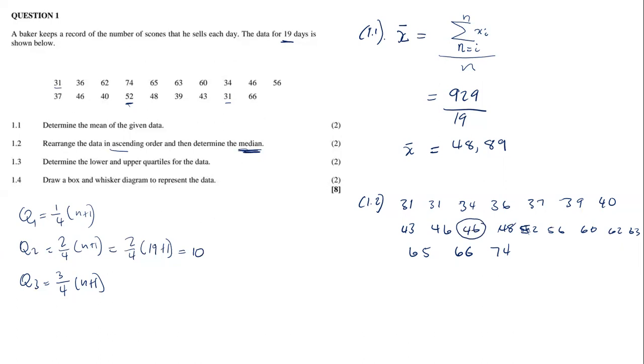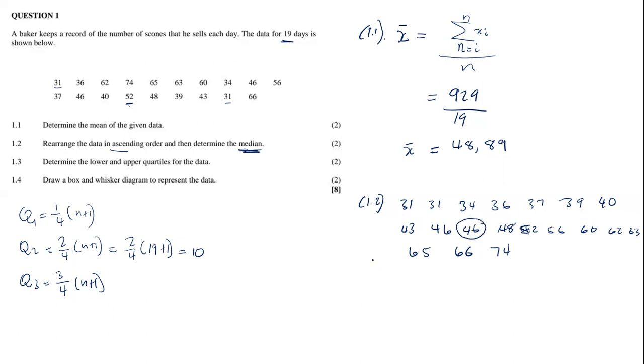You can also calculate manually if you feel comfortable with that. Counting from the other end, we still get this as our median. Or you can just use the formulas to determine the position of your quartiles.